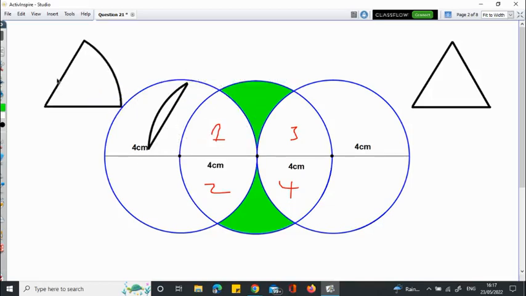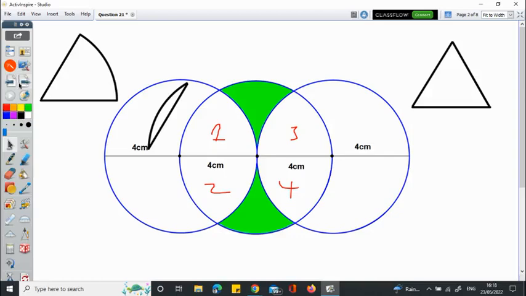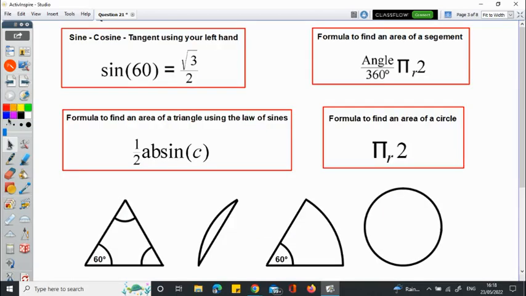Here we go. So there are its constituent parts of this: a quarter. So we need some formulas, and if you don't know these, you were never going to be able to do it.